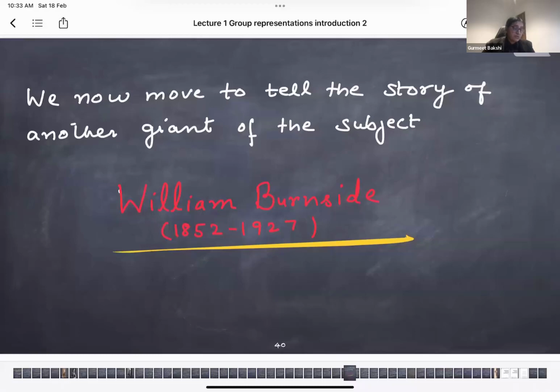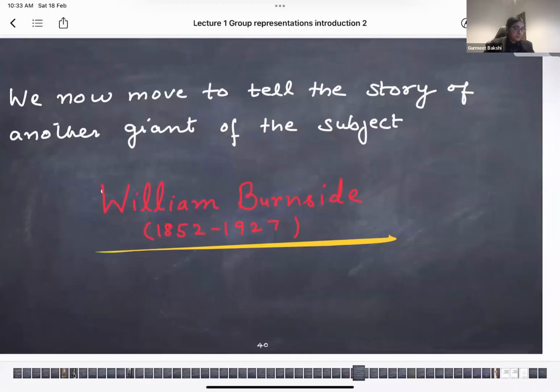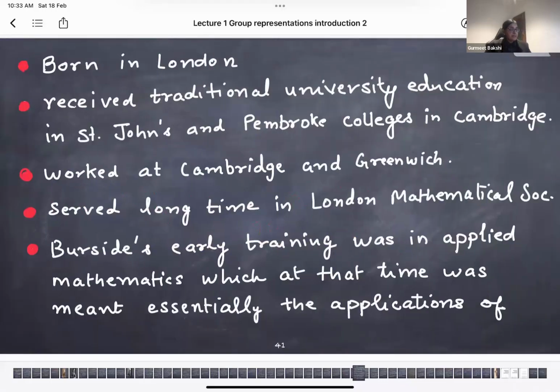Now, I told you there were two main figures, Frobenius and Burnside. So now I will tell you the story of Burnside, and what he did at that time. Frobenius was a German mathematician, and Burnside was an Englishman.